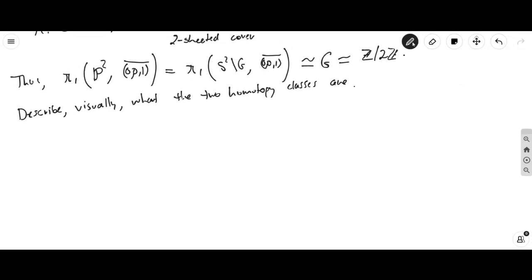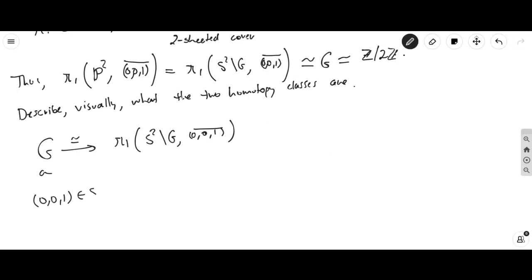We're going to use the isomorphism from the group to the fundamental group, exactly as we did in the other examples. You're going to pick something in the group. In this case, we're going to pick the antipodal map, and we want to find the corresponding loop in the projective plane. The way we do that is we take our initial condition, which we decided to use as (0, 0, 1).